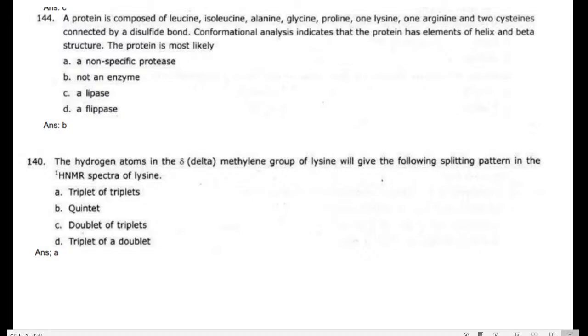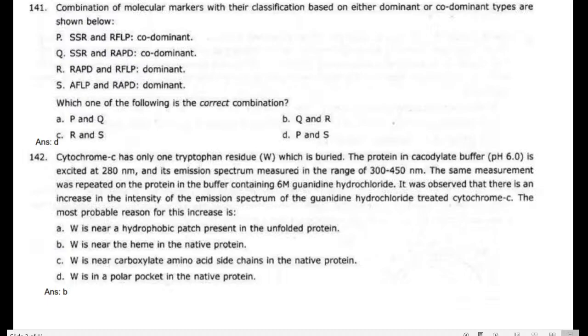Okay, next concept is the combination of molecular markers with their classification based on their dominant and codominant types, shown below. This is all about the combinations of molecular markers. The classification is based on dominant and codominant.